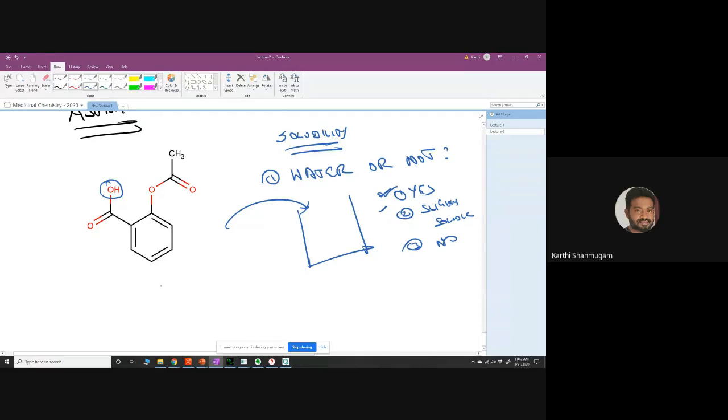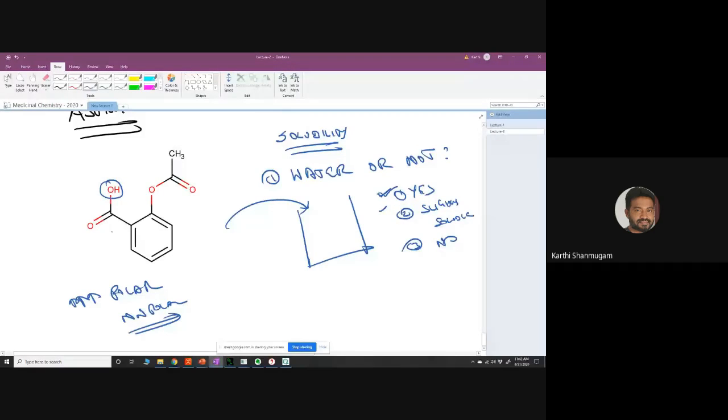Yes, sir. Okay, so basically we can classify functional groups as polar and non-polar. If more polar functional groups are present, then we can guess that the molecule can dissolve in water.